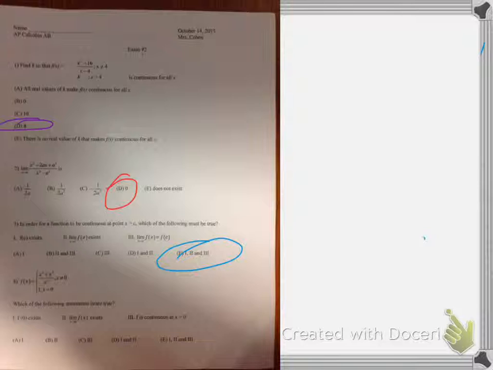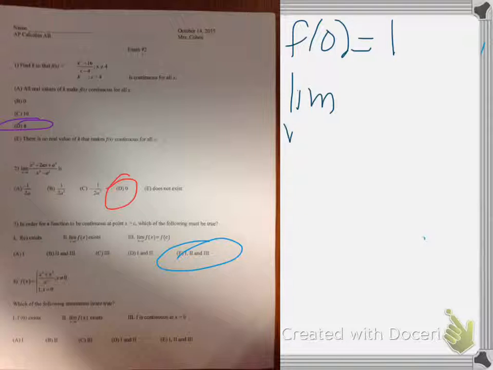And finally, the last problem on this page, number 4, is another continuity problem. So you're just going to do each step like we normally do. Step 1 is going to be f of 0. And you're told that when x is 0, f of 0 is 1. And then we're going to do the limit as x approaches 0. That means it's not exactly 0, so we're going to use the top function.